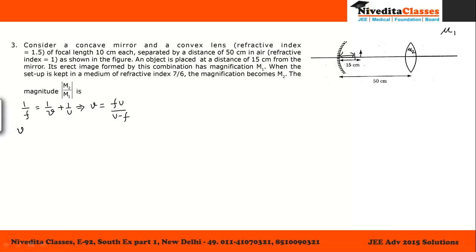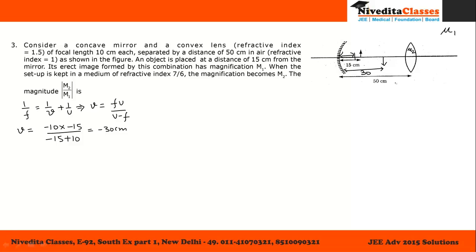Now putting the values, f is minus 10, u is minus 15, so v is equal to minus 10 into minus 15 divided by minus 15 plus 10, and we will have minus 30 centimeter. Minus 30 centimeter means the image will be in front of the mirror, at a distance of 30.